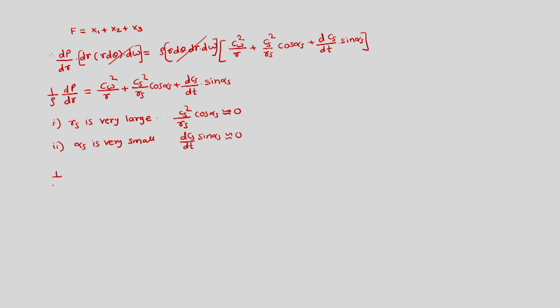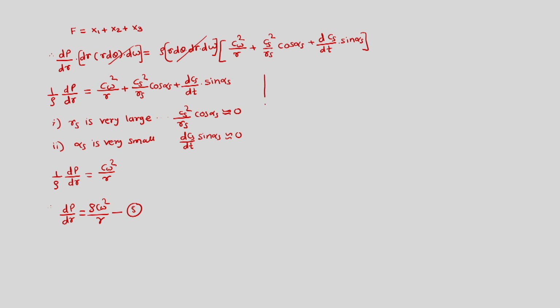Having these assumptions made, we can write down dP by dr into 1 upon rho is equal to Cw square divided by r, or dP by dr is equal to rho Cw square divided by r. We will mention it as equation number 5.